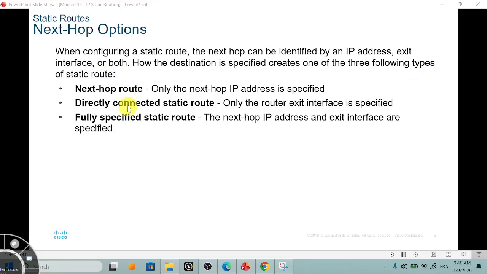So in all cases, we have three types. Next hop route means that only the next hop IP address is specified. We don't add the interface. We only add the IP address of the next hop. We will talk about them later on in detail.